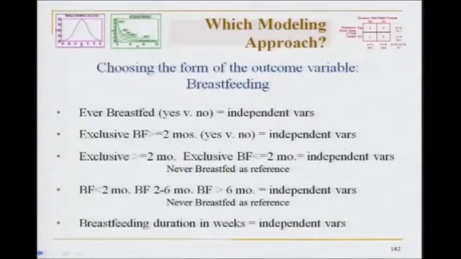Take the time at some point to think it through, because we have lots of possibilities. We know about lots of different modeling methods. Do we want continuous, ordinal, what kind of outcome variable? How do we want to categorize the data? I'm challenging you on your own to think about that. Maybe you want to run them every way, but which models would best answer which kinds of questions?